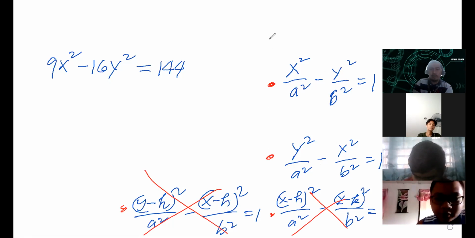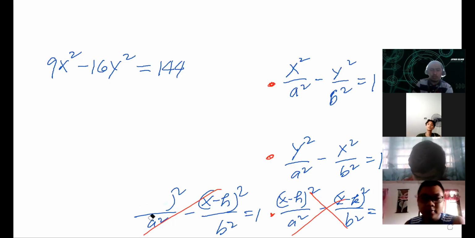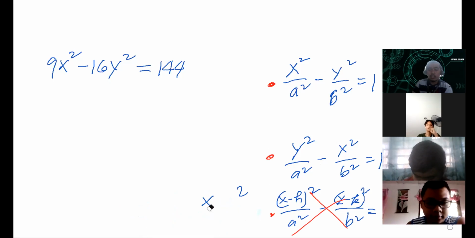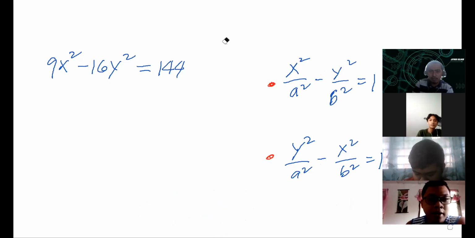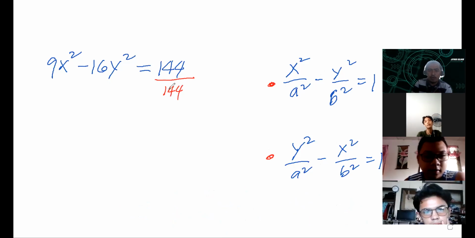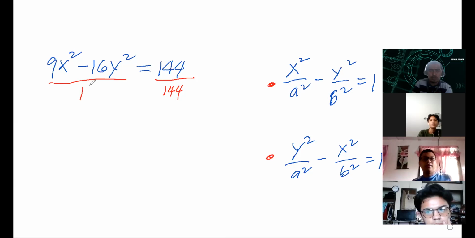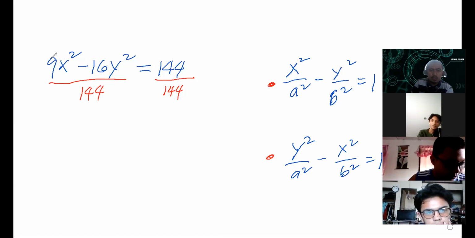So the very first thing that you will do is to make your right side equal to 1. So what you do is divide by 144 both sides of the equation. If you do that, what will be the result? What is 9 divided by 144?